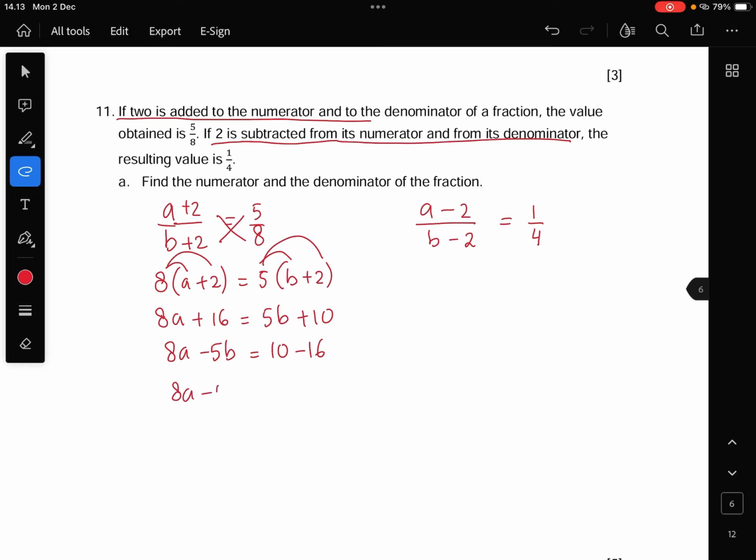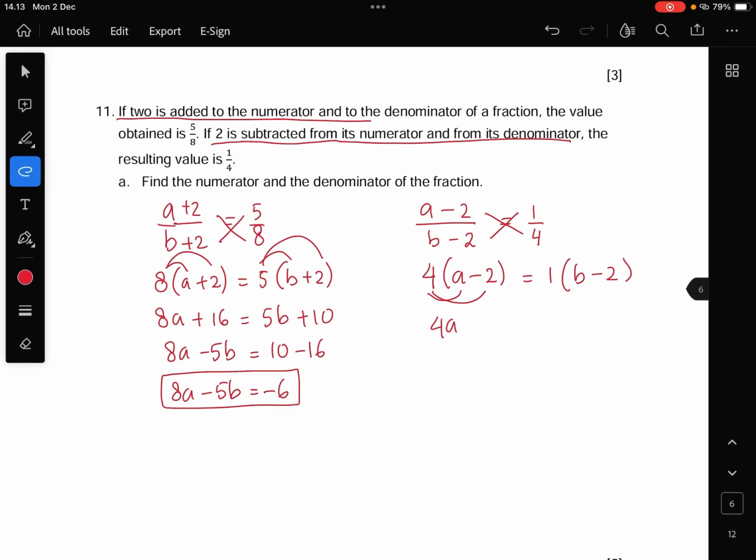So 8a minus 5b is equals to negative 6. This one is the first equation. Now let's move on to the other equation. We do the cross multiplication again. So 4 multiply a minus 2 equals to 1 multiply b minus 2. 4 multiplied by a is 4a. 4 multiplied by negative 2 is negative 8. 1 multiplied by b is b. 1 multiplied by negative 2 is negative 2.